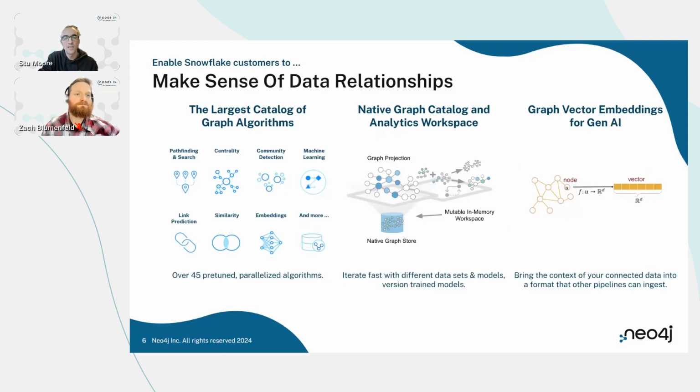So for many years, Neo4j's graph data science has offered the largest catalog of graph algorithms, like PageRank and degree centrality, which can help solve fraud detection, and manufacturing supply chain problems with shortest path or betweenness centrality. And importantly, the ability to iterate fast with different algorithms and bring your models into the context of your connected data in the pipelines.